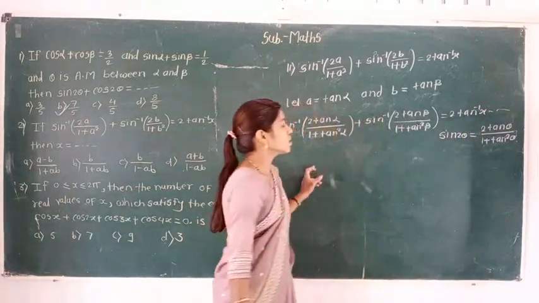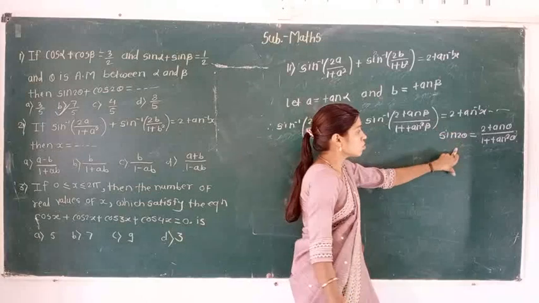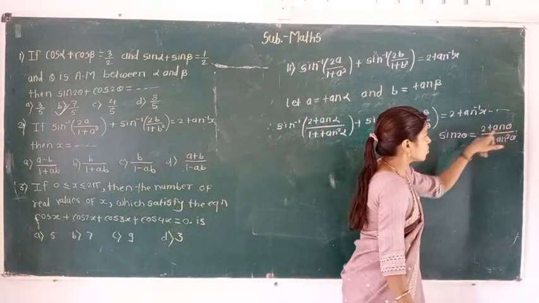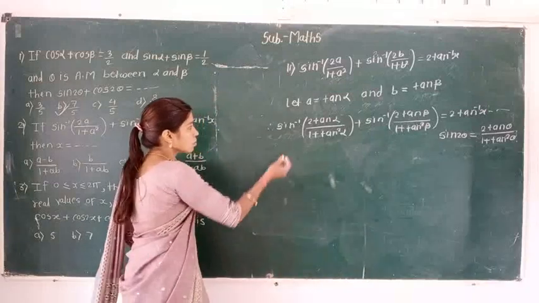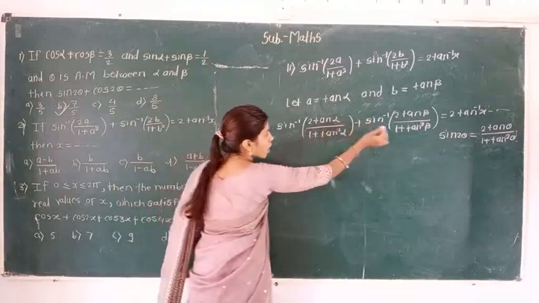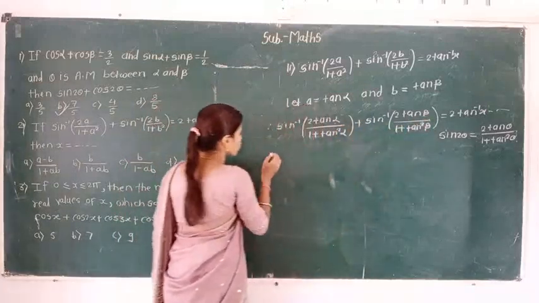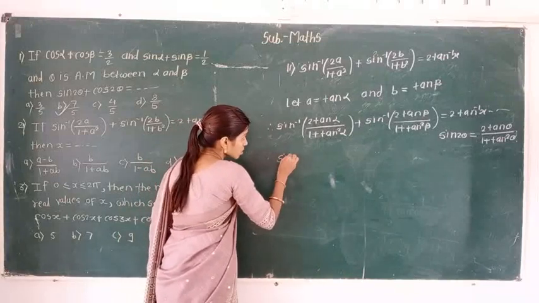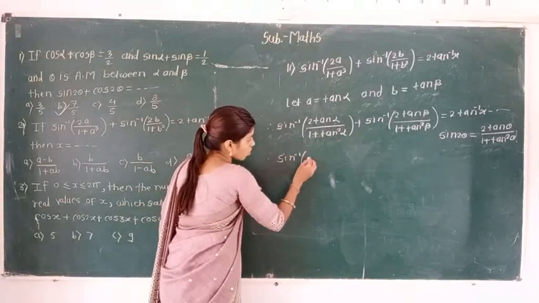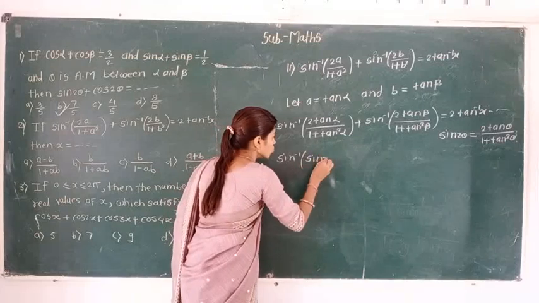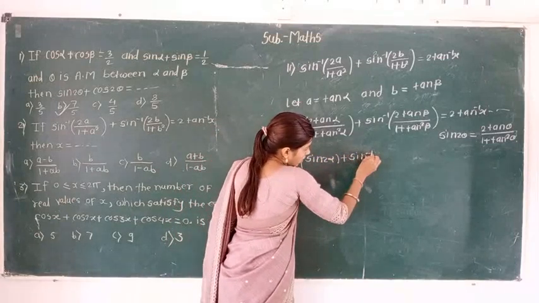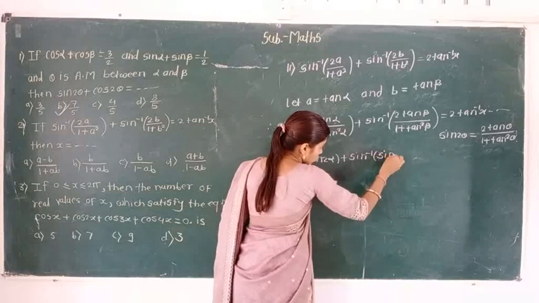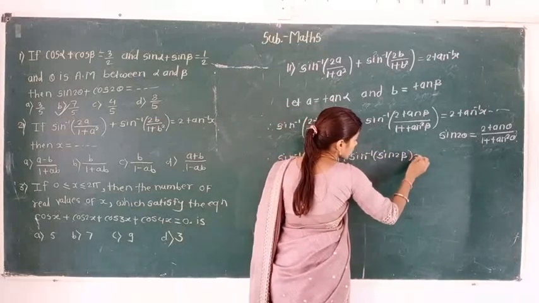So see here, we know that 2 tan divided by 1 plus tan square is the formula for sin 2 theta, but here theta is alpha and in that case theta is beta.